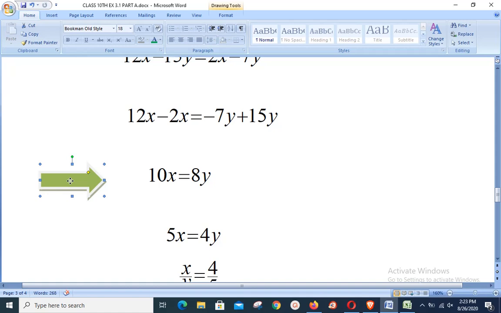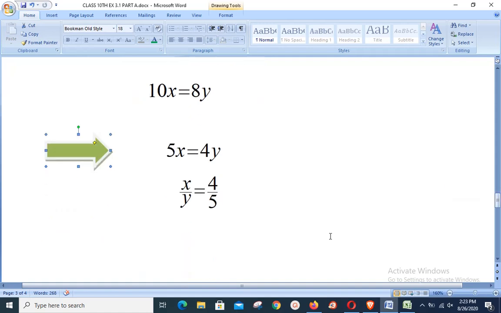Very clear that both 10 and 8 are even numbers, so on dividing both sides by 2, we have in the next step 5x is equal to 4y. Now rearranging the variables and the numbers, very clearly x over y will become equal to 4 over 5.